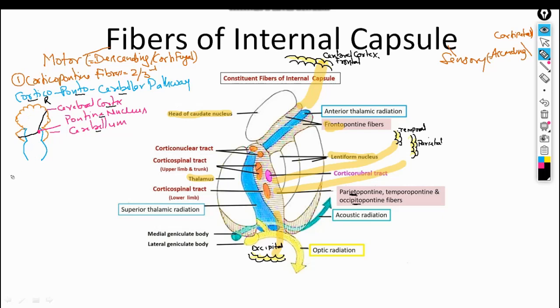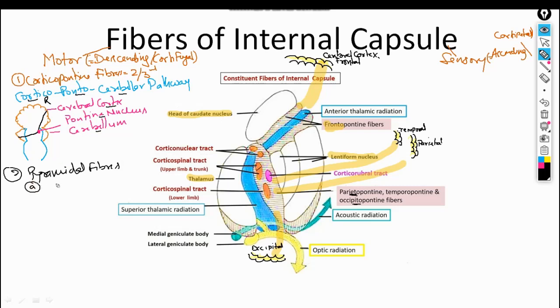The next fiber in this motor group is the pyramidal fibers. These pyramidal fibers are of two types.